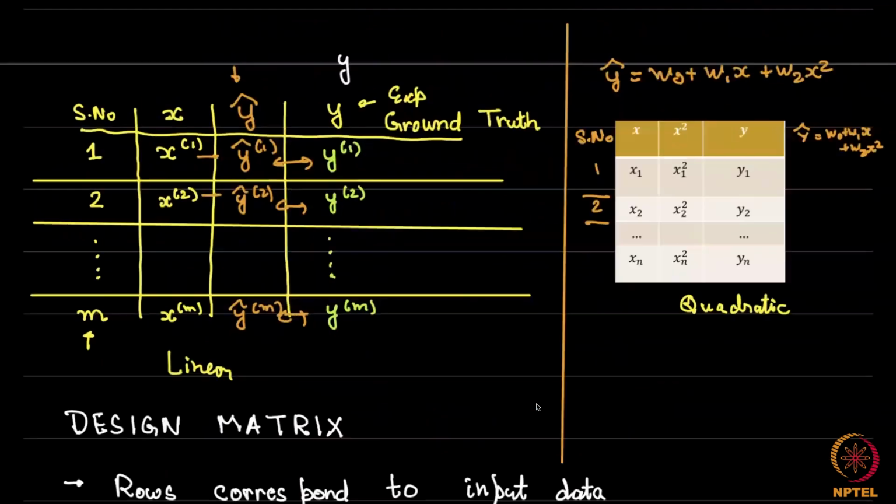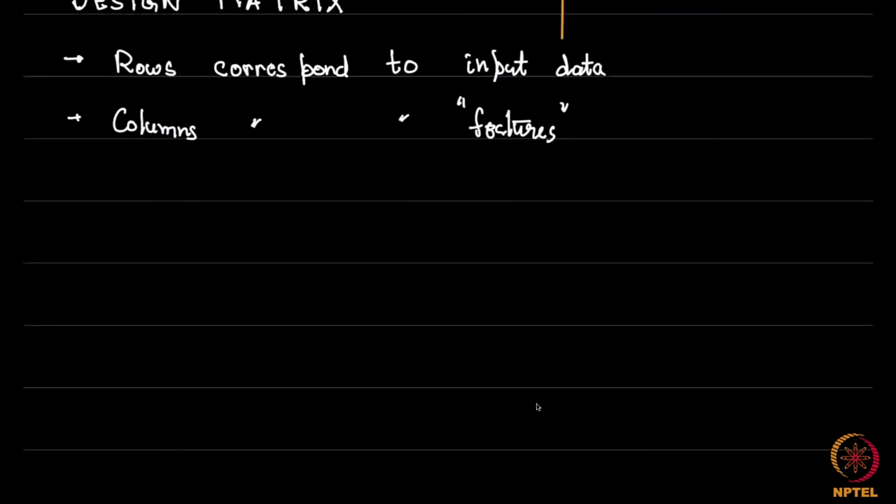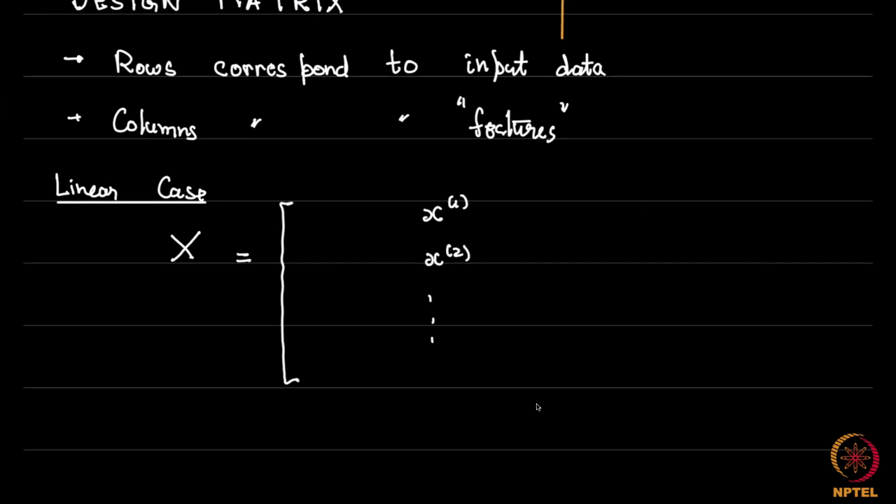But I'm going to make a small change here. So for the linear case, I'm going to define my design matrix as this capital X, which consists of course, X1, X2, Xm.